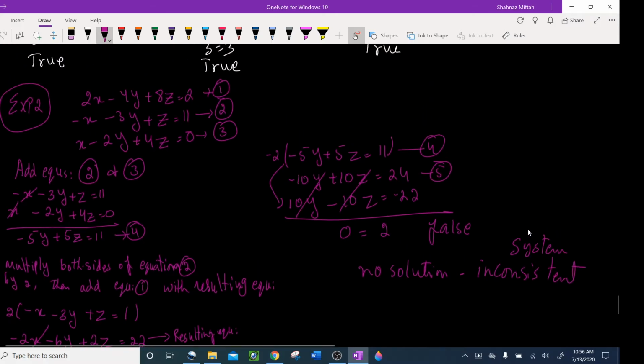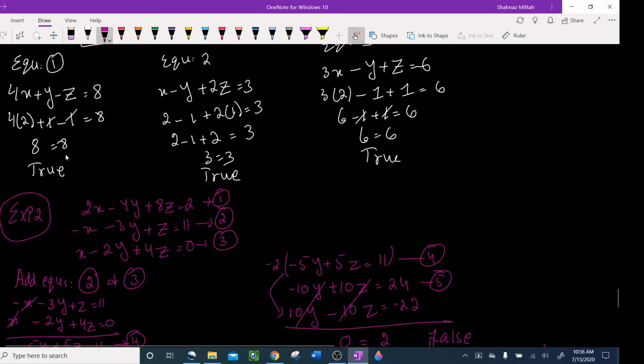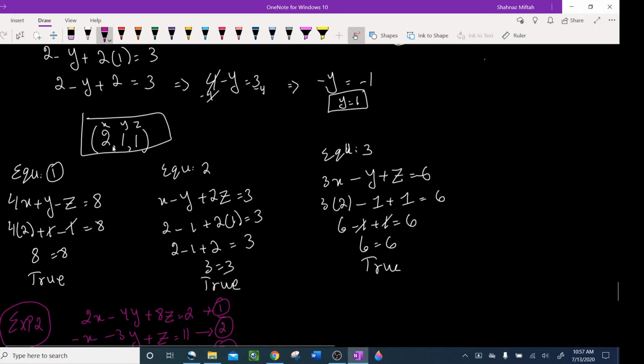Okay, so in the beginning when we did this, I told you to check everything, and we did. And since we were getting a real solution and the system was consistent, in that case we could say the system is consistent, and there is a solution, which was 2, 1, 1.